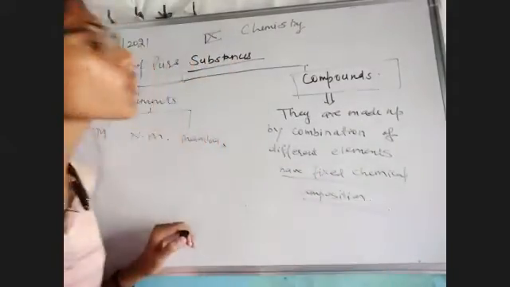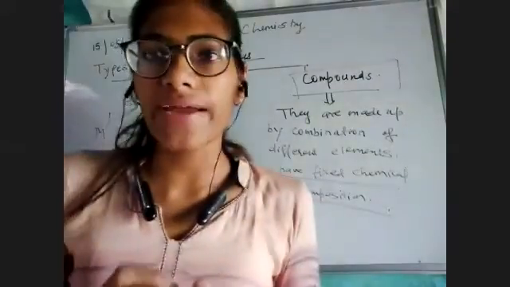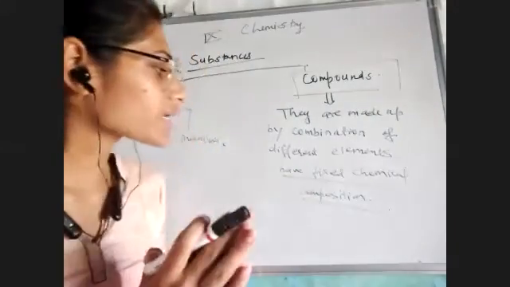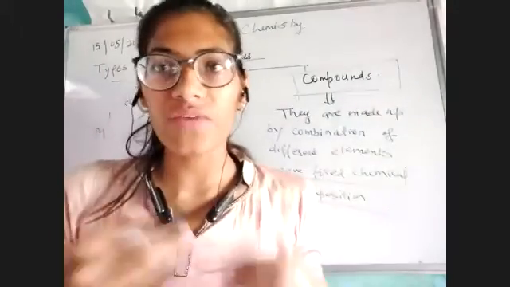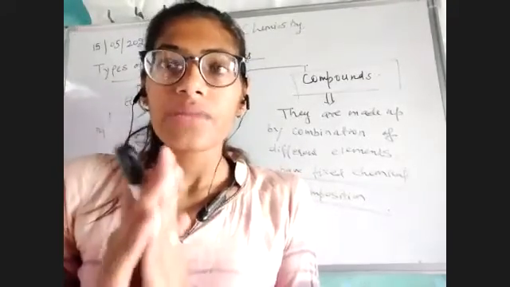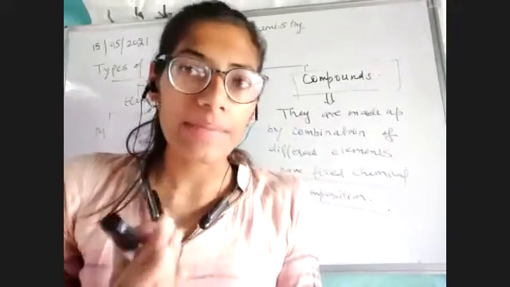Okay, so this is known as a compound. I would define it again: a compound is something created by the combination of different elements, and most importantly, it has a fixed chemical composition.